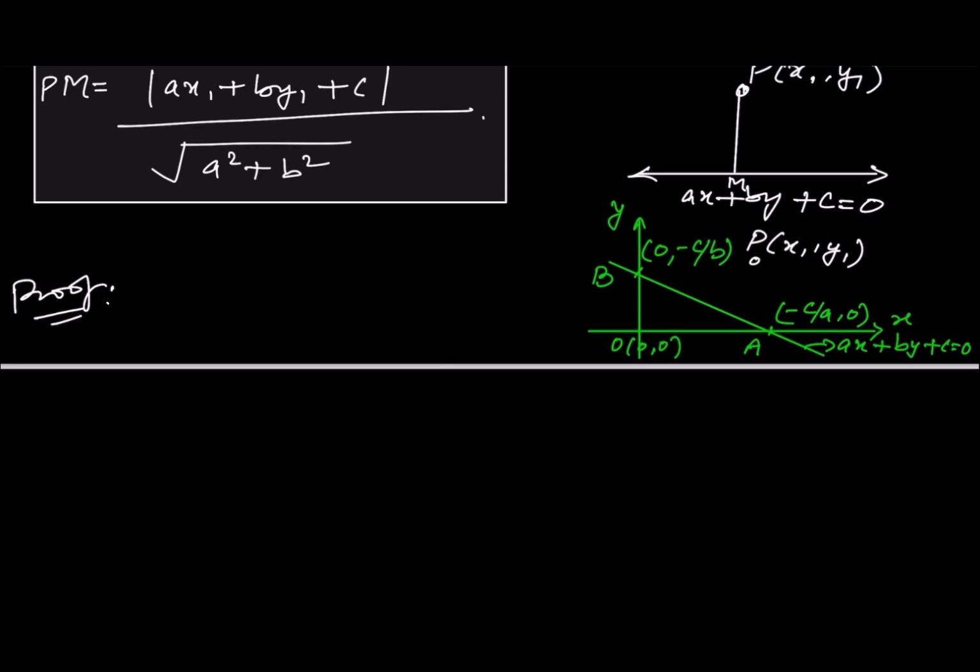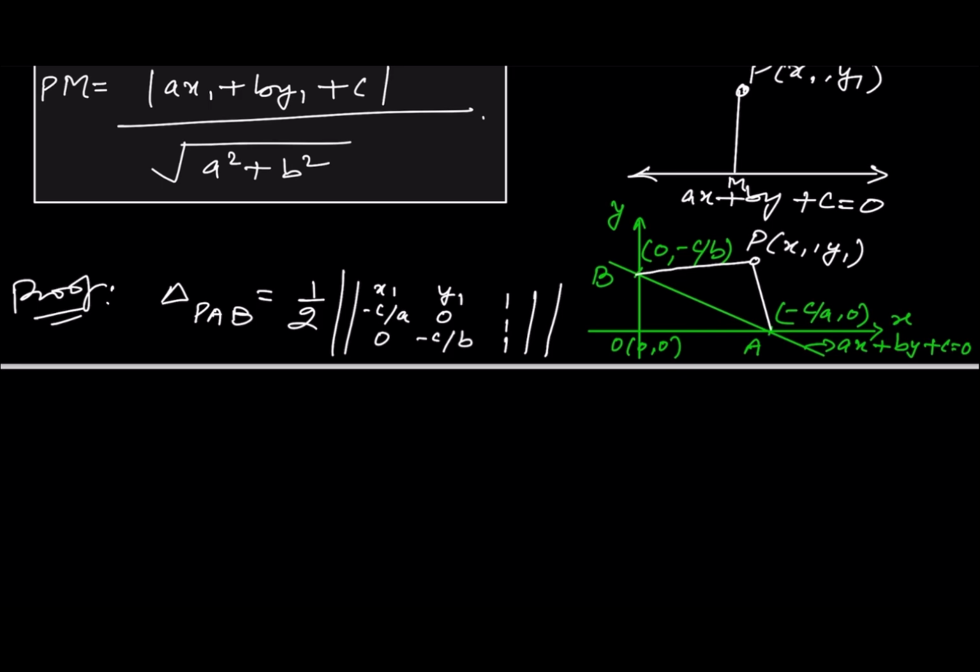Now if we complete the triangle PAB, so area of triangle PAB will be half mod of determinant x1, minus c by a, 0, y1, 0, minus c by b, 1, 1, 1, and it is also equal to half times base into height.